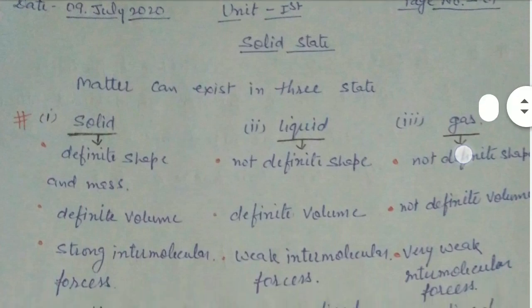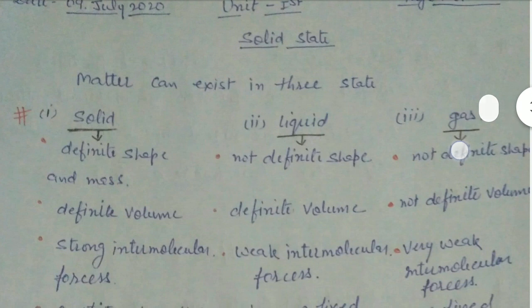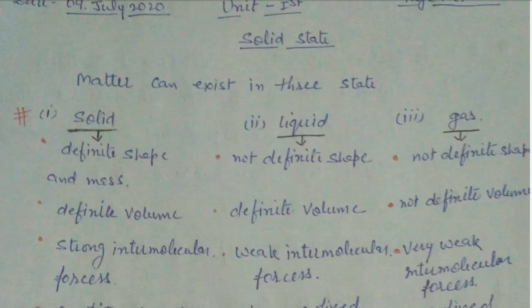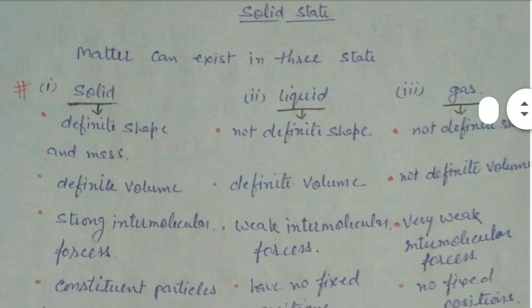In solid state, we have already learned in previous classes that matter can exist in three states: solid, liquid, and gas. These are the properties of the solid, liquid, and gas. Solid has definite shape and mass.